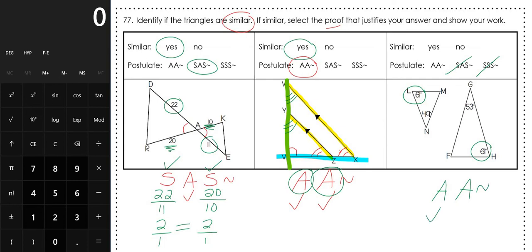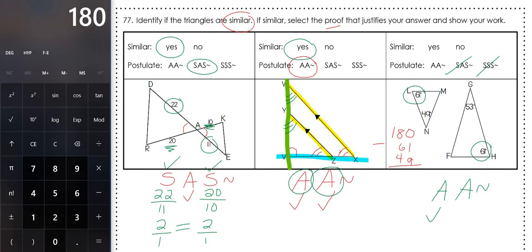Now, I do have a pair of angles missing in both triangles. So I'm going to solve for the missing angle and see maybe that pair does match up. So I'm going to subtract 61 and 49 from 180, because we know all angles should add up to 180 in a triangle. I'm going to see what's left over for angle M. So in my calculator, 180 minus 61 minus 49.